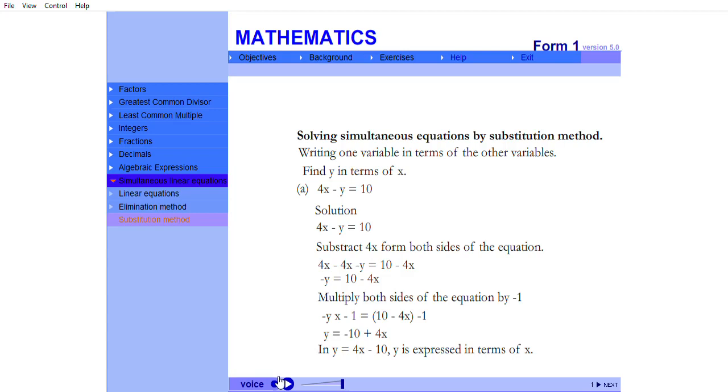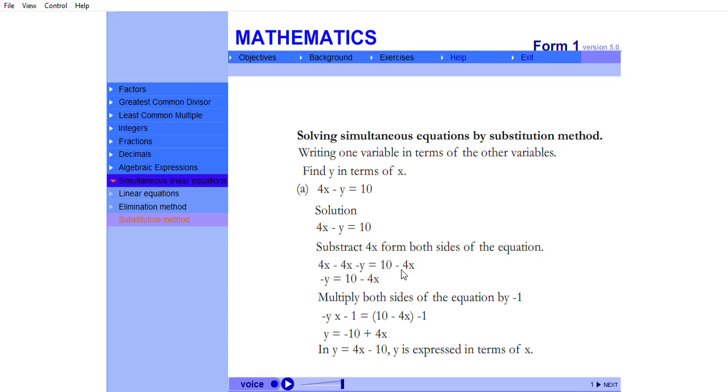Negative y is equal to 10 minus 4x. Multiply both sides of the equation by negative 1.